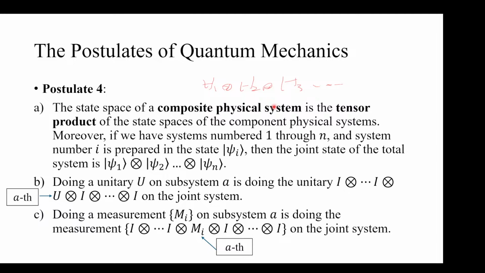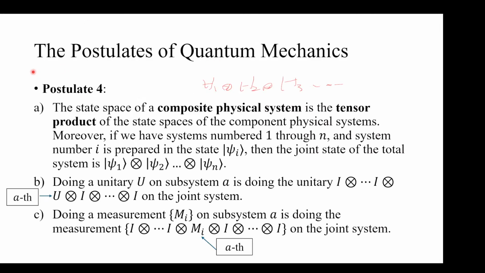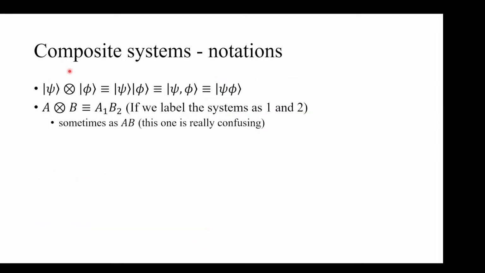Then there is a little notation, very similar to what we covered in our mathematical chapter, where we talked about the notation of tensor product, and we'll be lazy sometimes. We said the state is the tensor of everything together, but we might be too lazy to write the tensor symbol.